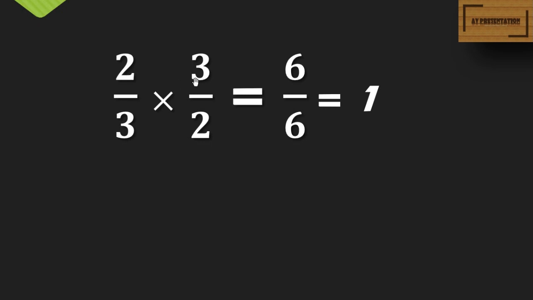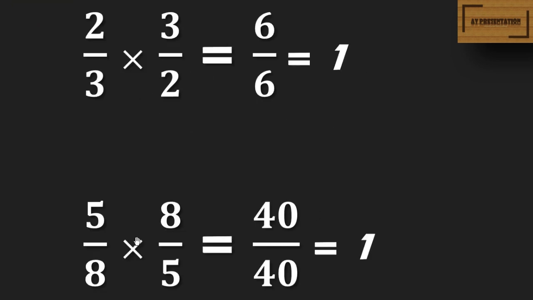Then 2 multiplied by 3 is 6, and 3 multiplied by 2 is 6. So 6 ones are 6. The product of all reciprocals is 1. Observe a second example. 5 upon 8, whose reciprocal is 8 upon 5. So 5 eights are 40, 8 fives are 40, and 40 divided by 40 is 1.